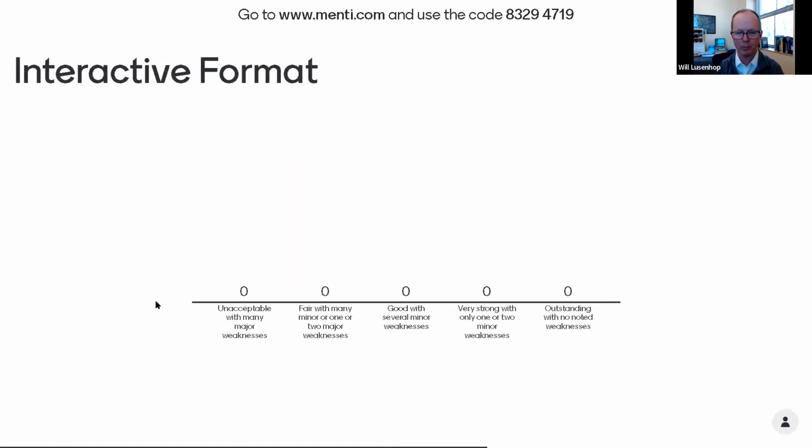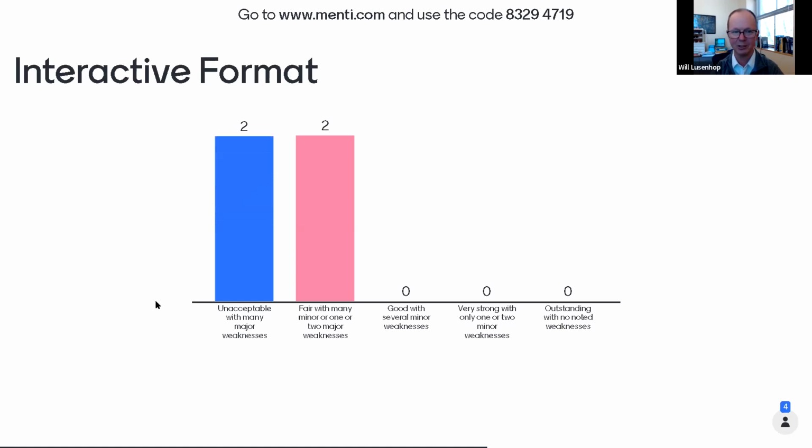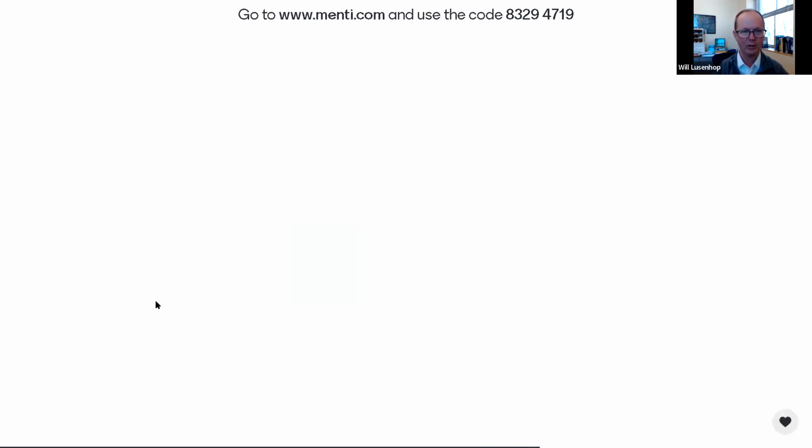And interactive format. Okay, and again, we all shift because we just don't see it in the presentation. We just don't see much there asking the audience to participate. Okay, so I'll go to the next one.